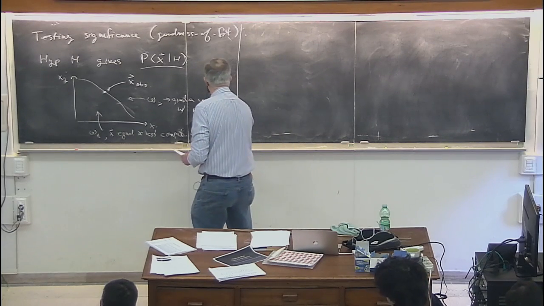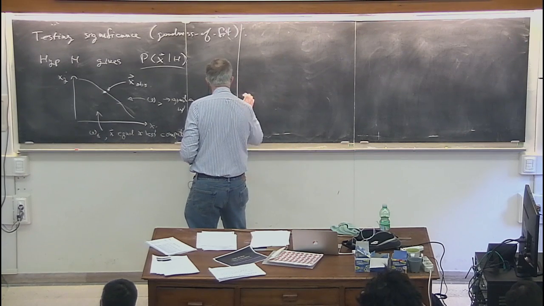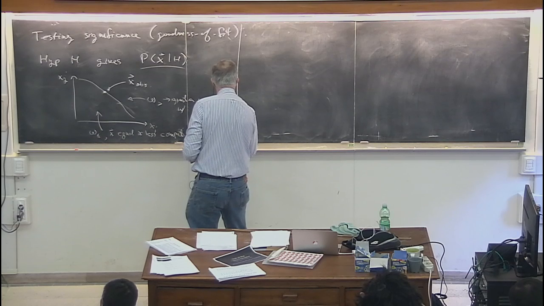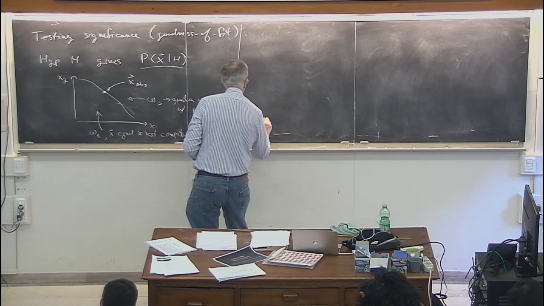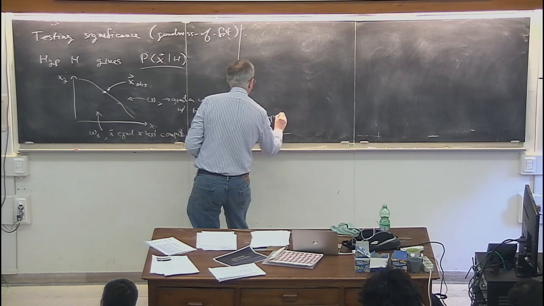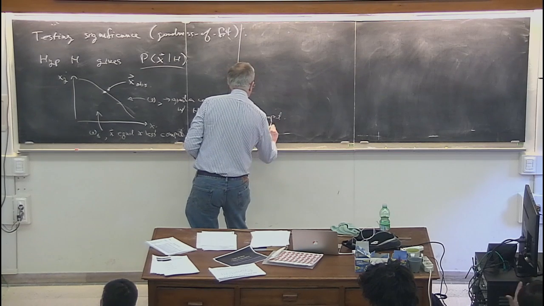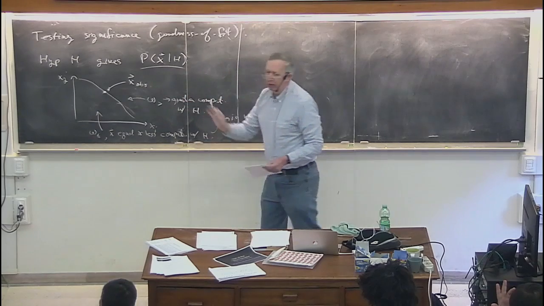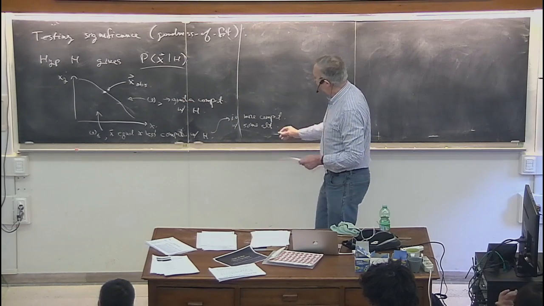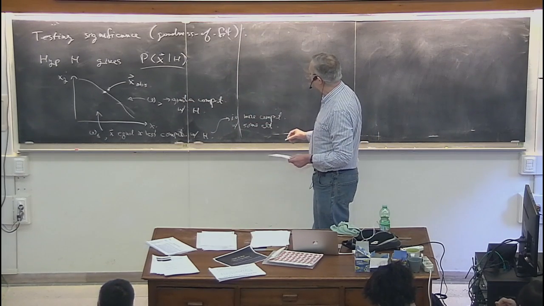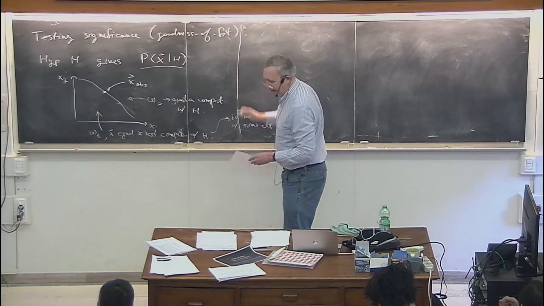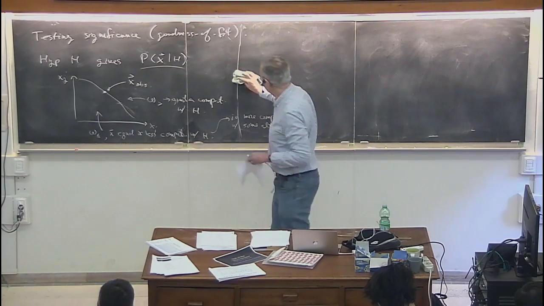So less compatible with H has to mean, i.e., more compatible with some alternative. But in the formalism that I'm describing, you don't necessarily have to write down explicitly that alternative. Right here, I don't need that line.